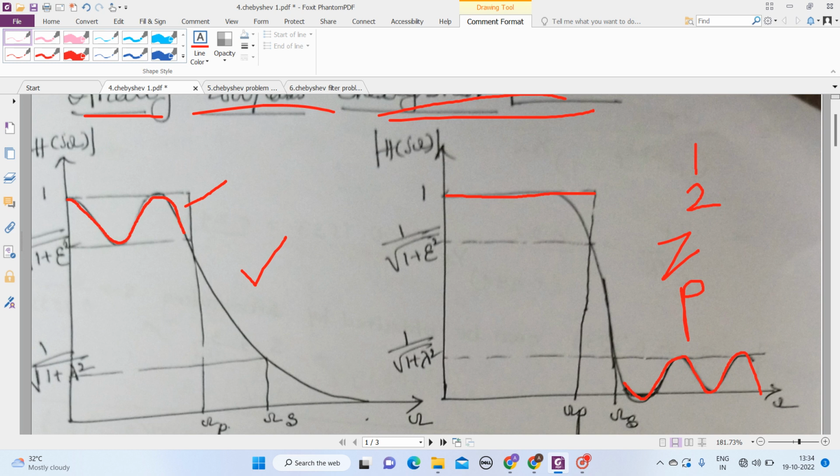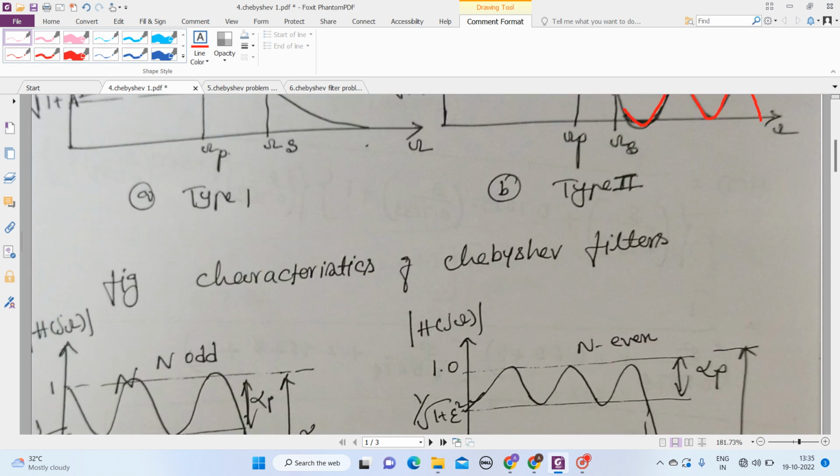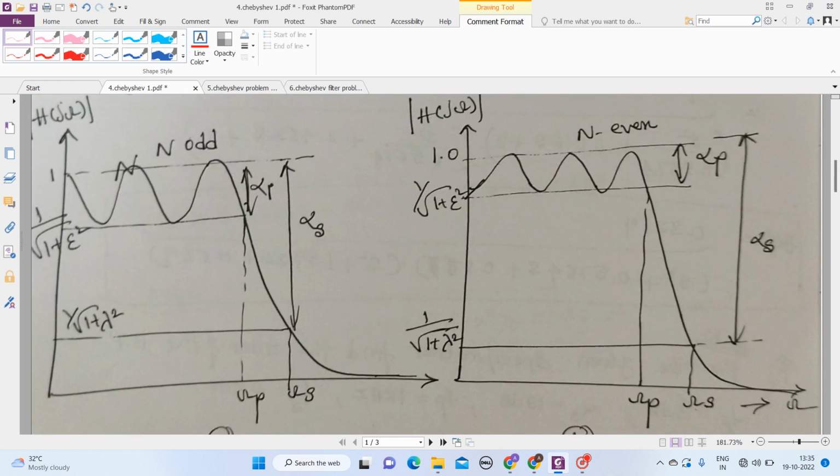If the equiripple is exhibited in the stop band, such a type of filter we call type 2 Chebyshev filter. Again, they have divided the Chebyshev filter by n, if n is even or n is odd, and then the frequency response characteristics look like this.